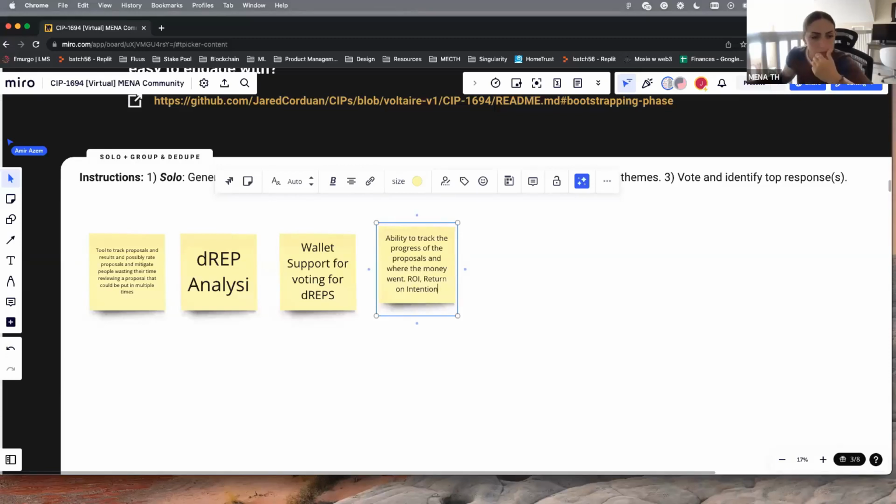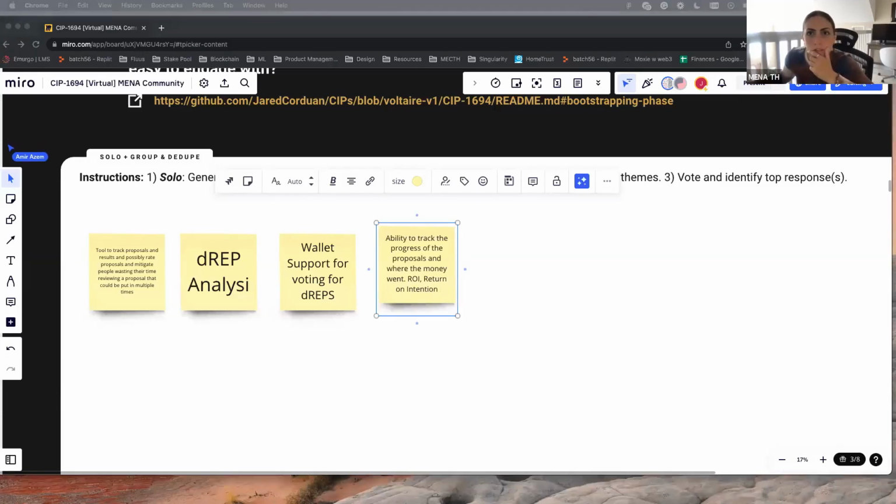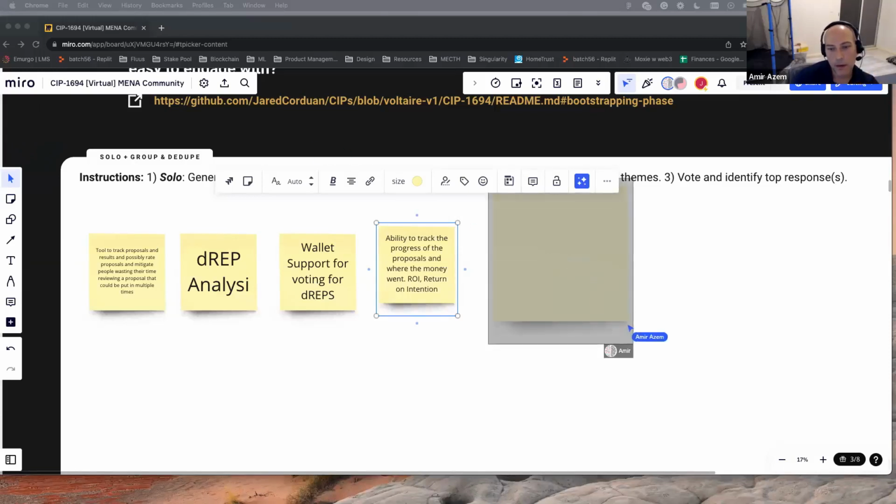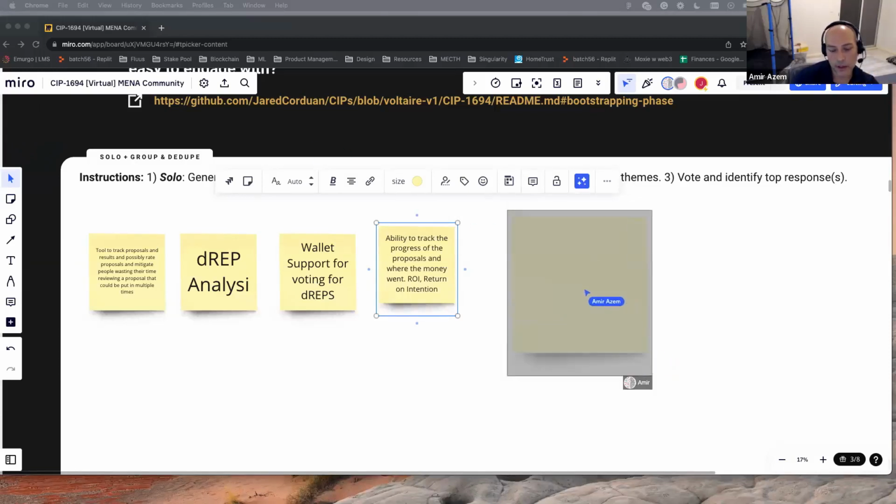I think one more thing, I'll write it down as I explain it, is maybe having different categories, because a DRep can be focused more on the dApps or some area of Cardano, and another DRep can be focused on something else, so anyone coming in won't be shocked by all the different proposals.